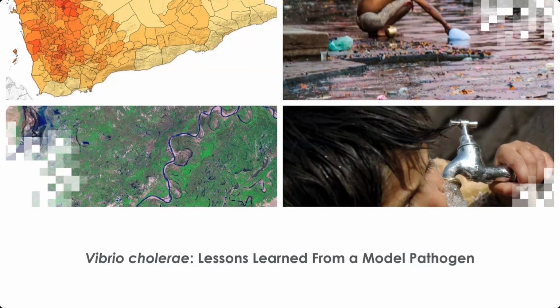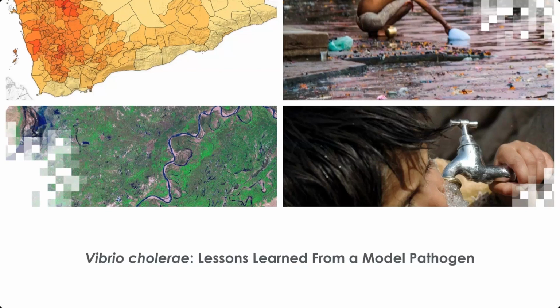Therefore, we are going to shift gears here. We're just going to show how we have used satellite sensing to understand and build models for Vibrio cholerae. Vibrio cholerae is from the Vibrio species, but this is the pathogen that is responsible for cholera pandemics in the world.